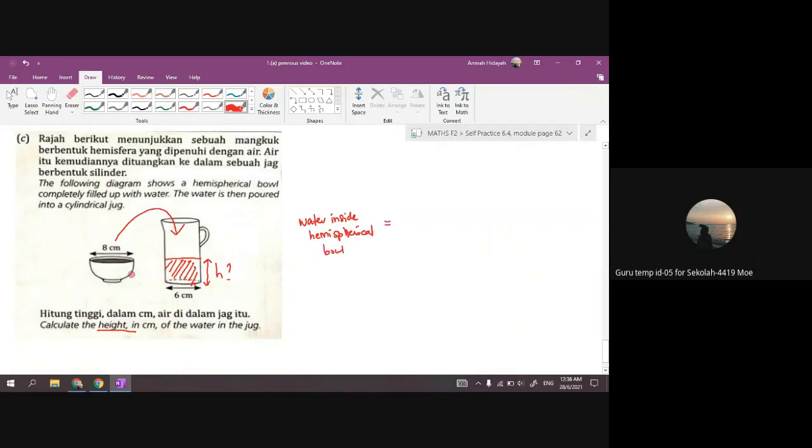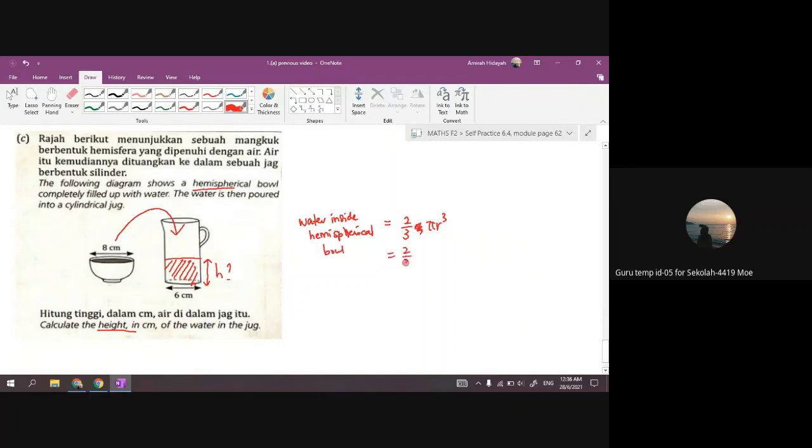So hemispherical bowl bentuk dia hemisphere kan. Nama pun hemispherical. So hemisphere. So formula untuk hemisphere adalah 2/3 times pi r cubic. Okay. 2/3 pi r cubic.